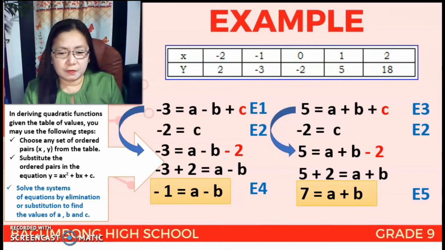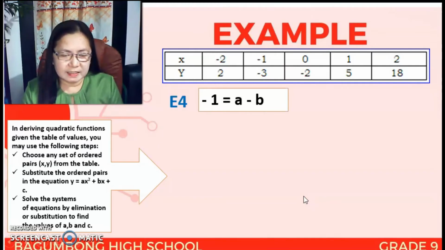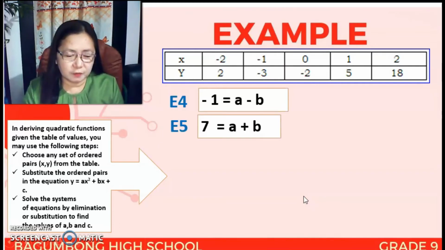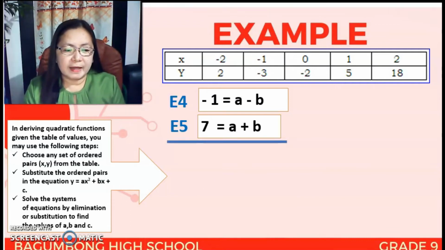So equation 4 and equation 5 are equations in 2 variables. Okay, let us rewrite equation 4 and equation 5. This time, we will solve the system by elimination. We will eliminate variable b.